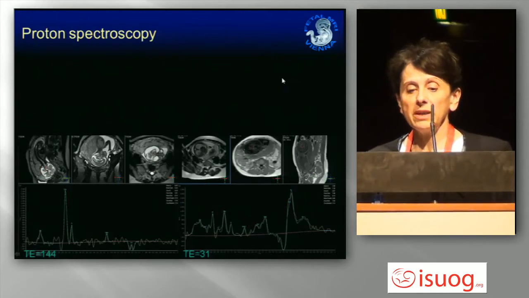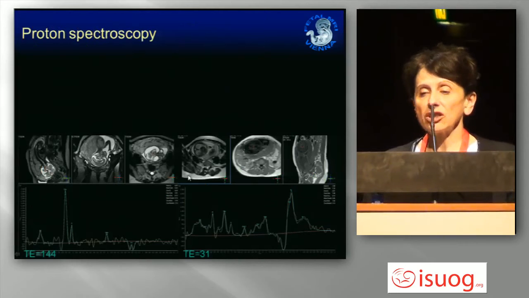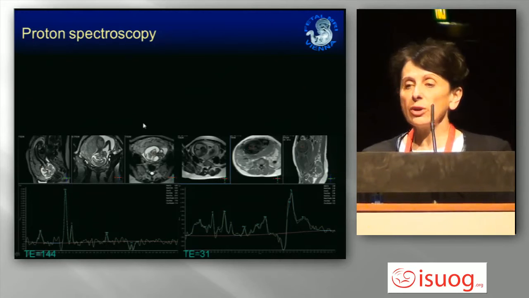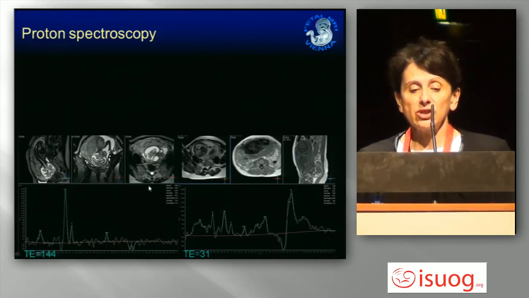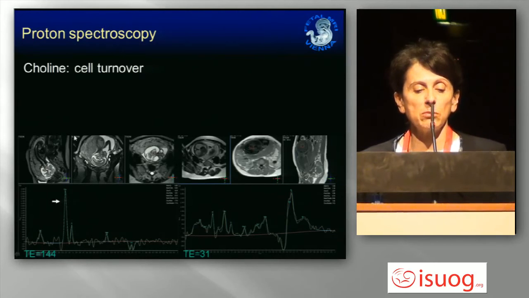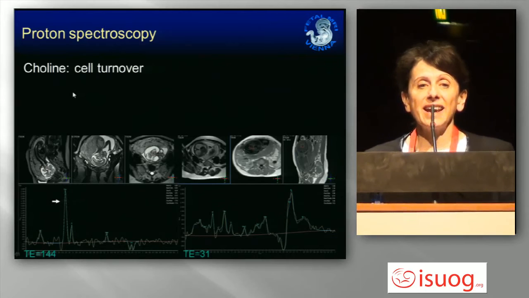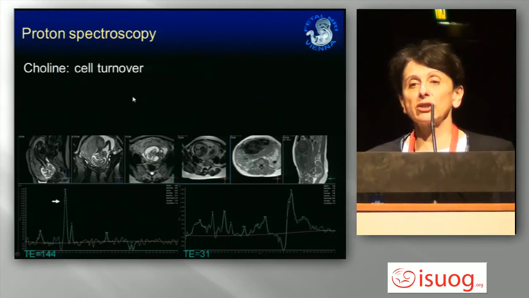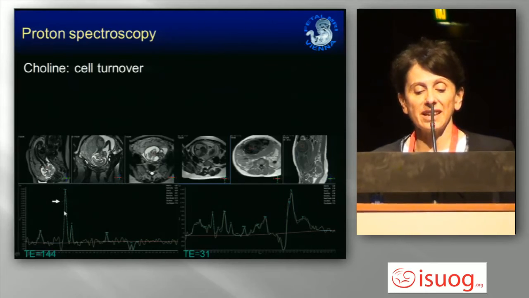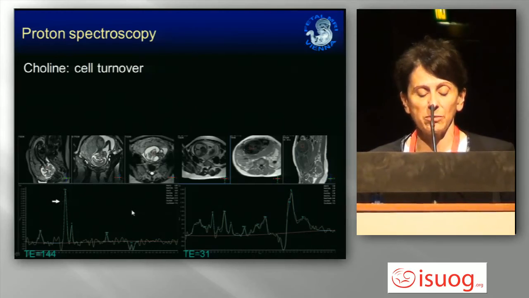Spectroscopy. Spectroscopy is an MR method that does not lead to images, but to curves, like you can see here. You can see several peaks, and you cannot choose what you want to see. You just get the peaks, and you have to do some interpretation. For instance, choline is a marker of cell turnover, and as there is a lot of cell turnover caused by the growth of the brain, this choline is higher during the second trimester than during the third trimester.